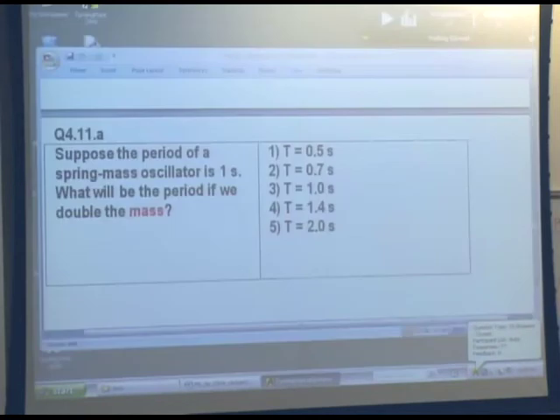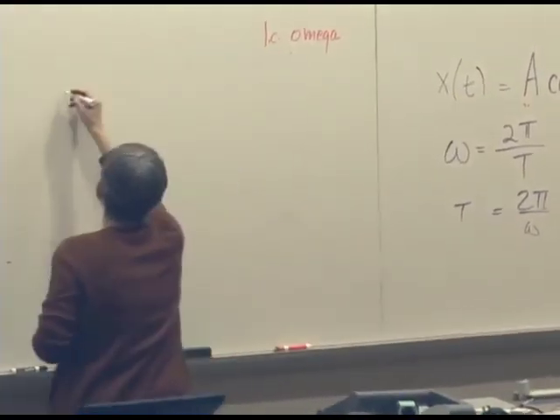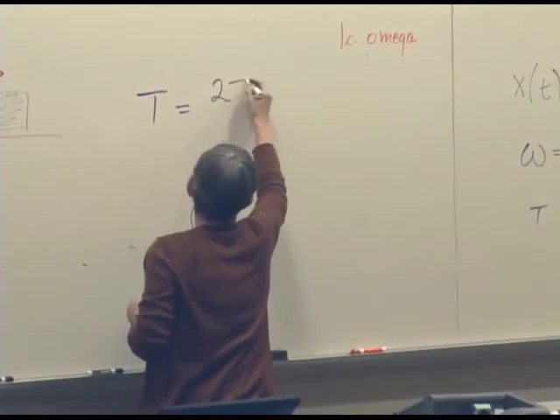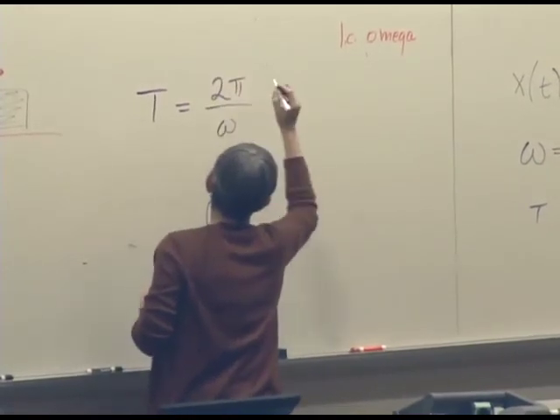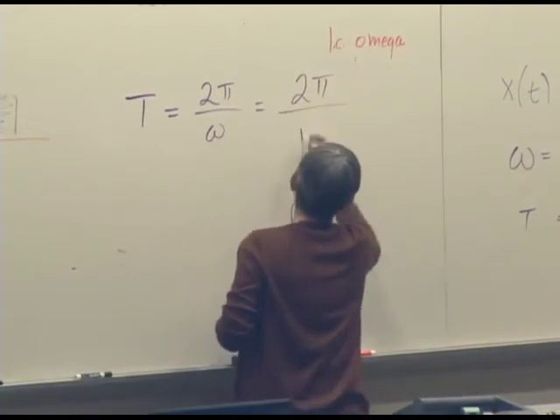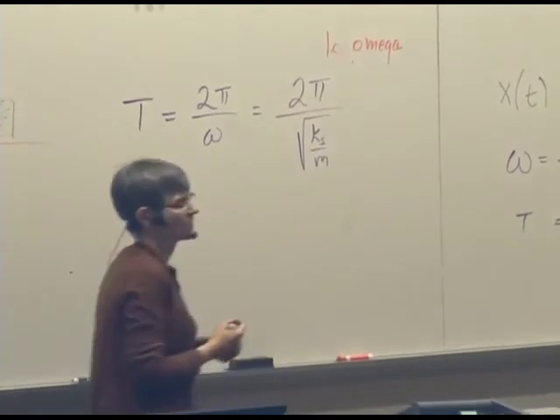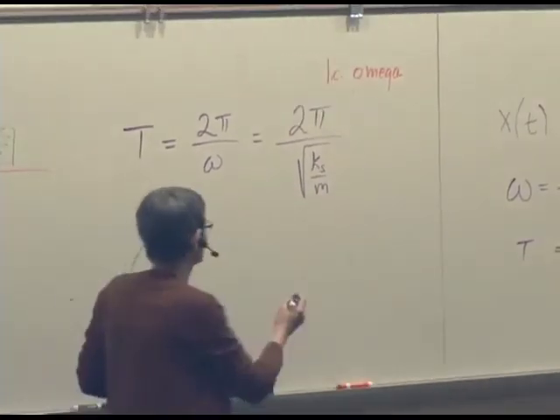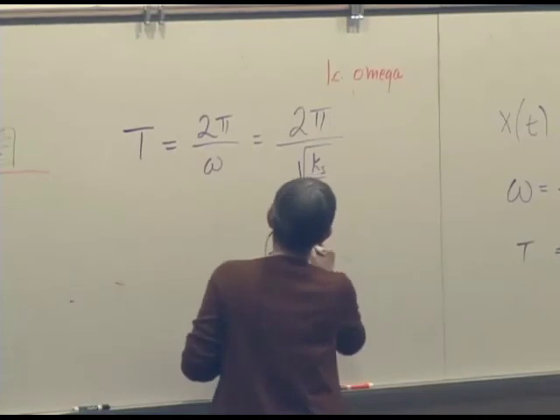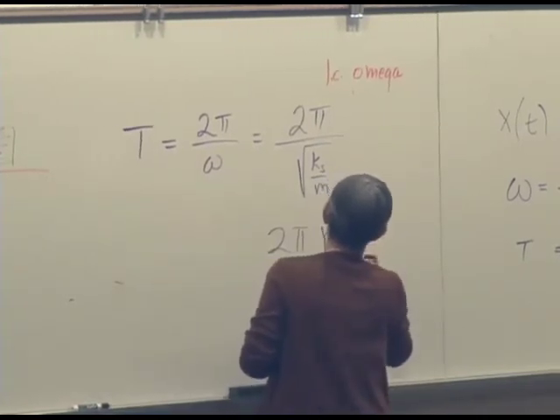Nobody likes 3, but I heard you talking about it in pretty sensible ways. So if the period is 2 pi over the angular frequency, then that's 2 pi divided by the square root of the spring stiffness over the mass, or 2 pi times the square root of the mass over the spring stiffness, 1 over omega.